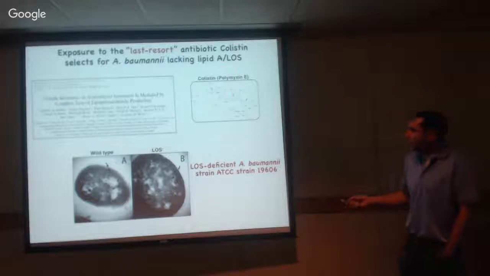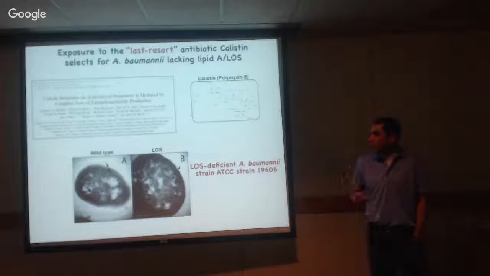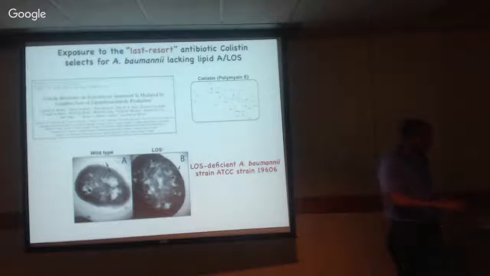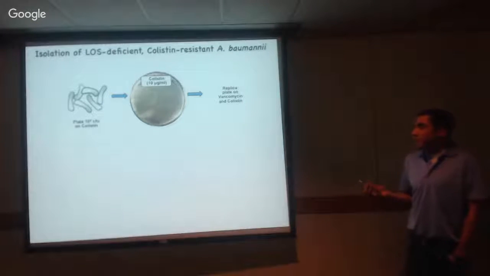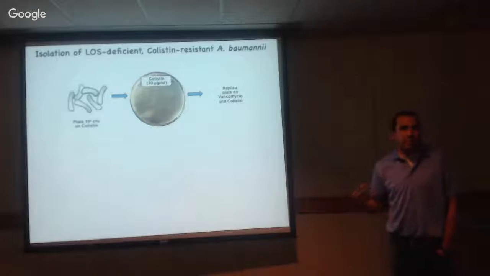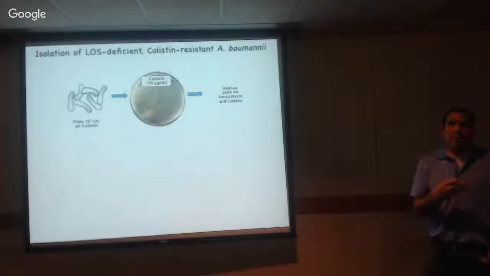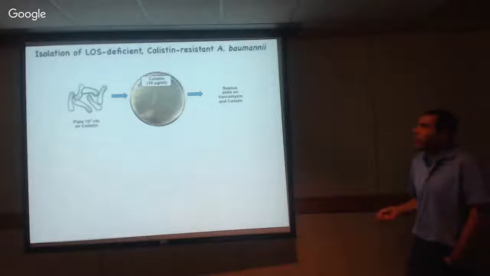In these LPS or LOS deficient cells, they still produce both of these membranes. It's really hard to see in these pictures, but they do still produce these two membranes that are indicative of a gram-negative. So we wanted to, one, confirm that these cells actually did not have lipopolysaccharide, and ask the question, how did these cells actually survive without LPS, whereas other gram-negative bacteria seem to be dependent on LPS for survival.